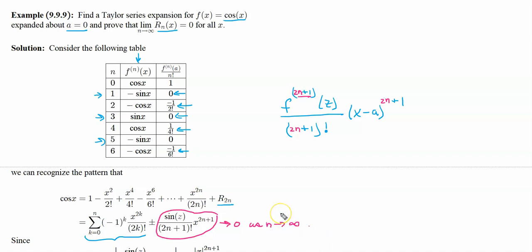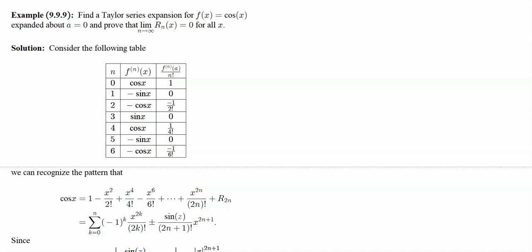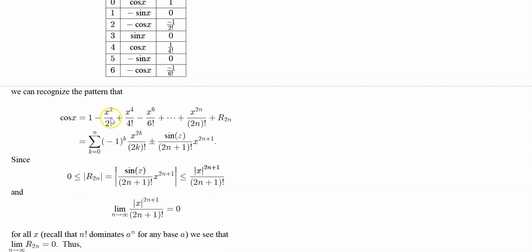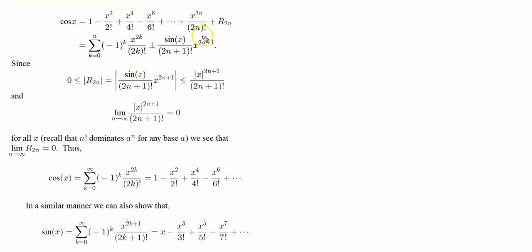Okay, so that's going to be very similar to what we did before, noting that factorial functions grow much, much faster than exponential functions. So let's take a look at that. So right here is our remainder term once again. Now if we take the absolute value of it, we get this right here.